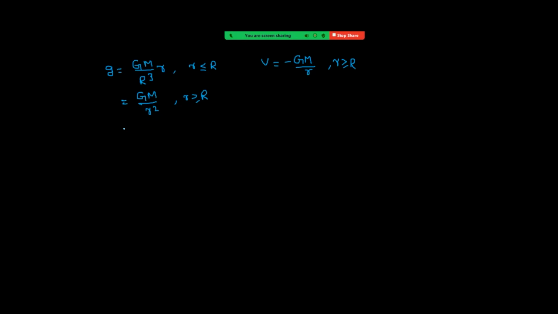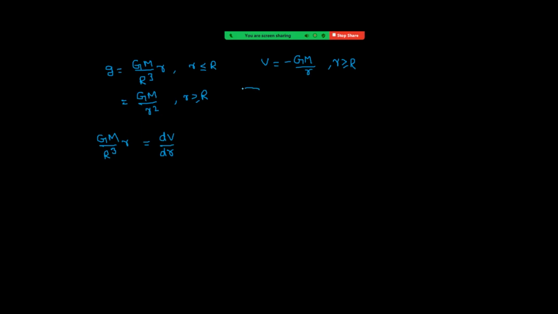Then see here what we are doing. We have discussed that g is equal to negative of potential gradient, right? So I'm writing here GM by R cube into r is equal to dV by dr. See how we have taken this.